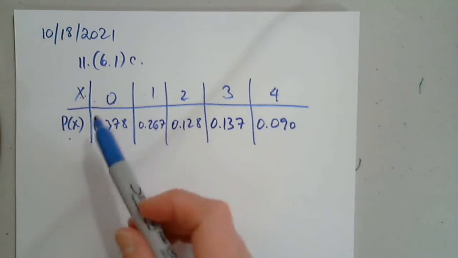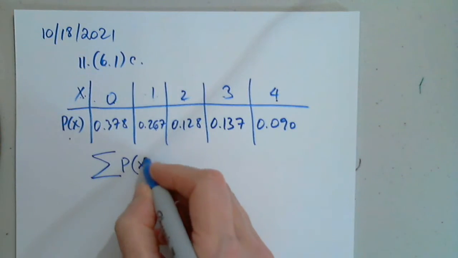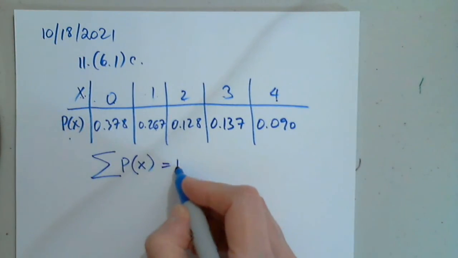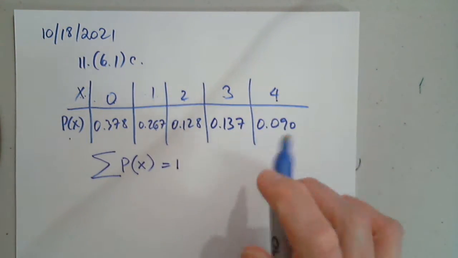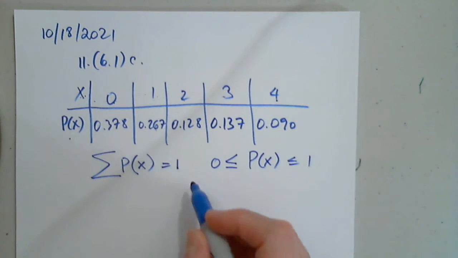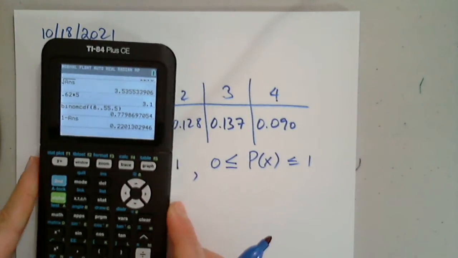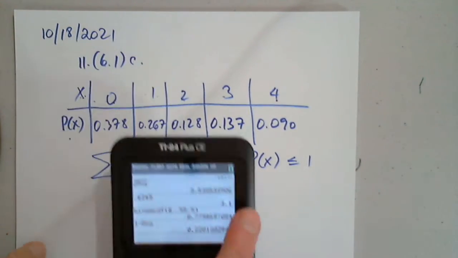Now this will be a probability distribution only if the sum of all probabilities equals 1, and if all probabilities are between 0 and 1. I know that this is not what you're asking, but I'm reviewing this, so this is fine.